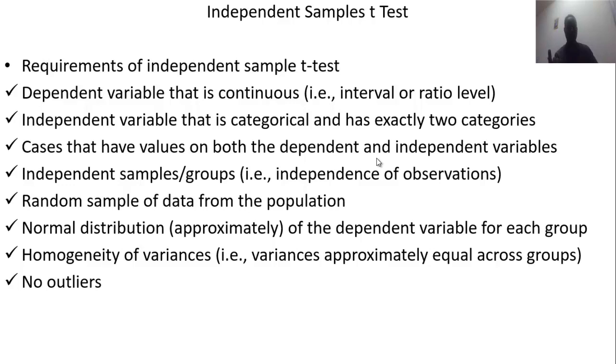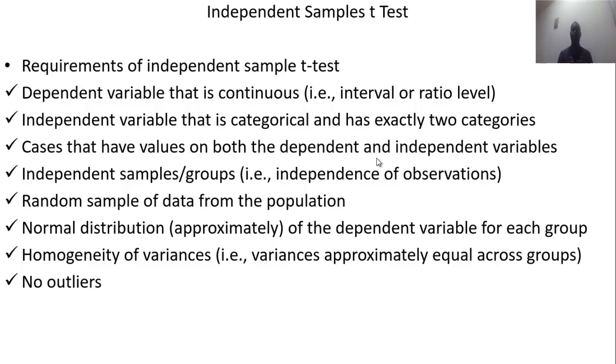In order to run an independent sample t-test, this student Ababe should have information on both the dependent and independent variables. If his gender is recorded, but his test result is missing, then the data is not complete data.